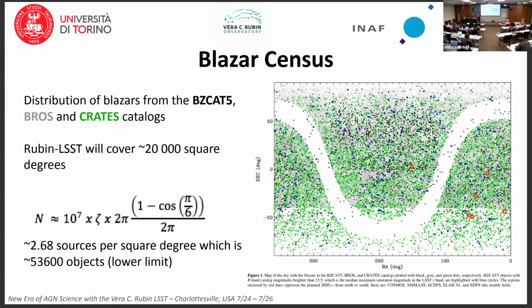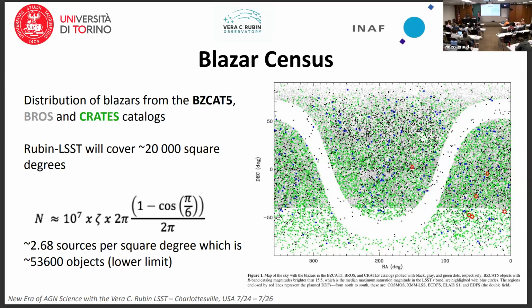Here we have the distribution of catalogs of blazars that we already know, and since we know that Rubin LSST will cover 20,000 square degrees, we can do a rough estimation of how many blazars we will expect to have.